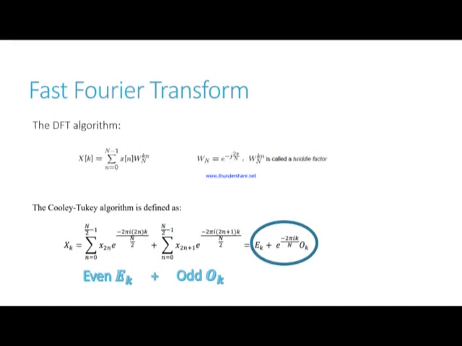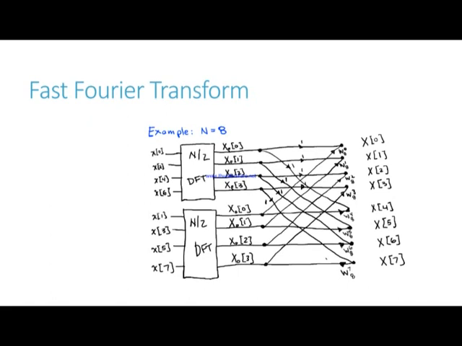Let me describe this with an example. We're going to take the even index terms of the input signal. For instance, we have x of 0, x of 2, x of 4, and so on.